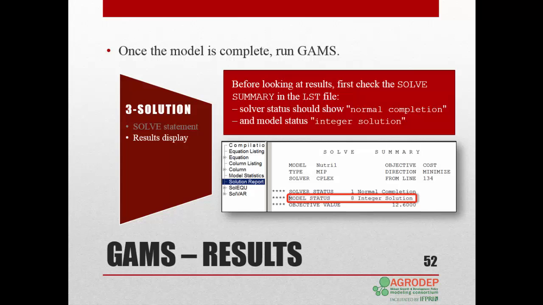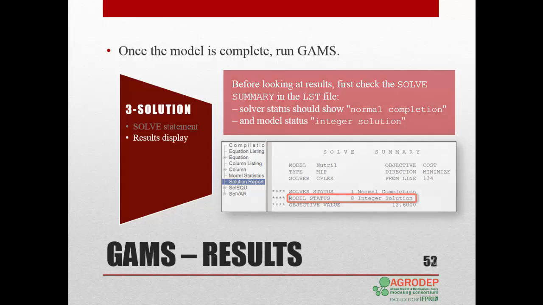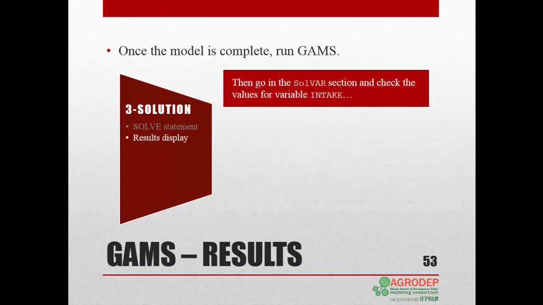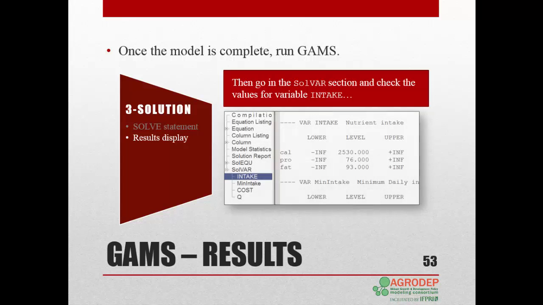If you have encountered some errors in writing the programs, we refer you to Lesson 4, where you have learned to detect and correct errors in GAMS. If your model is error-free, you can now check the solution variable section of the list file and check the solution values of the variable intake.